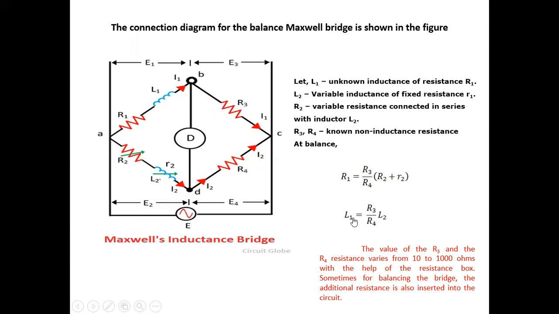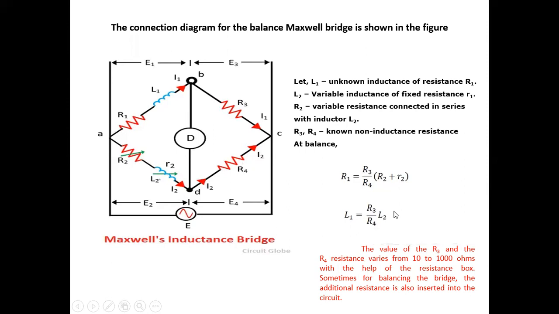By solving all the equations, R1 is equal to R3 upon R4 into (R2 plus r2). Here r2 is the internal resistance of coil L2. L1 is equal to R3 upon R4 into L2.